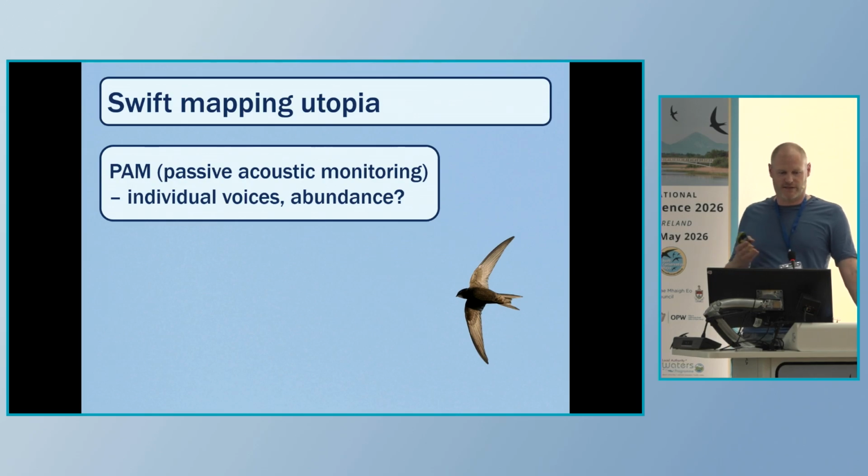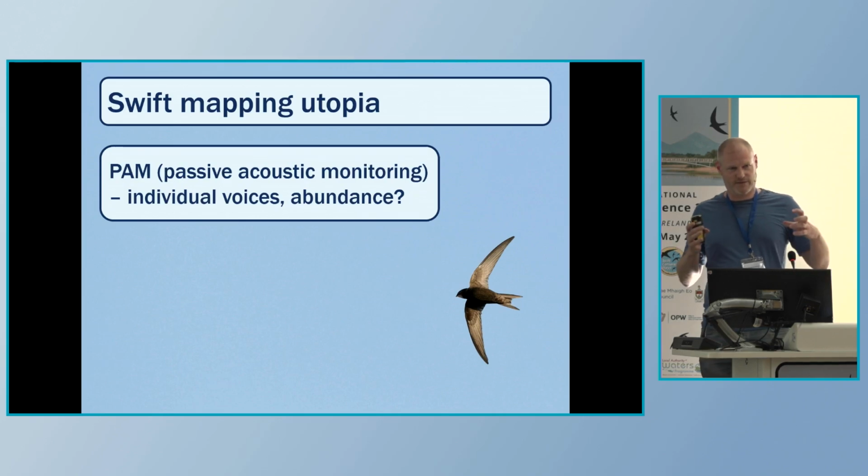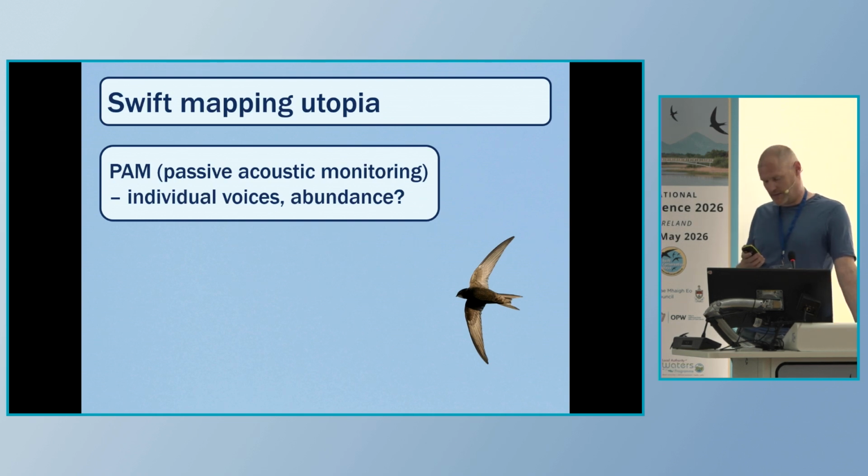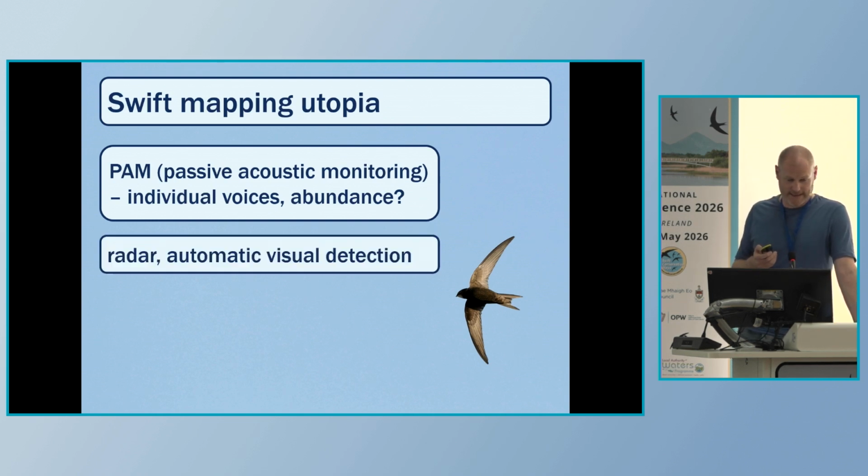Or with this passive acoustic monitoring, if you are recording Swifts at the same time from different locations of a certain area, you can calculate abundance. Maybe this is possible, maybe not.